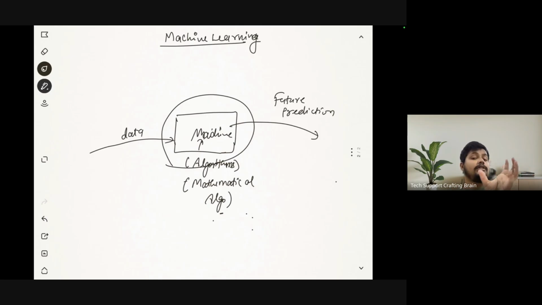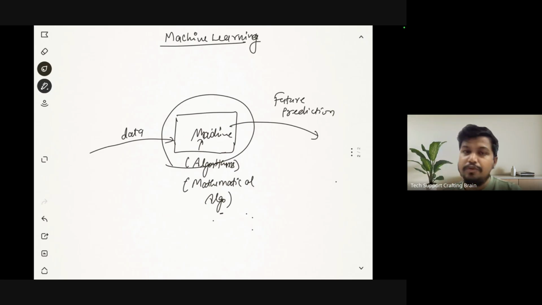The machine, as I told you, is a set of mathematical formulas and algorithms, where you send some data, and the machine gets trained on the data and is able to make some sort of future prediction.